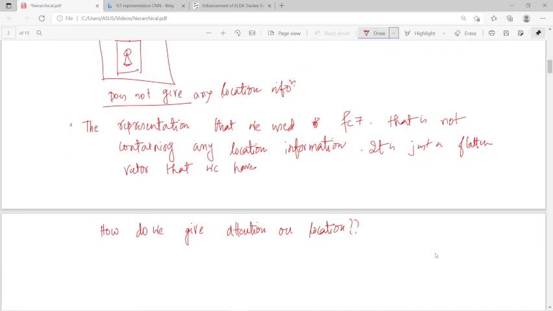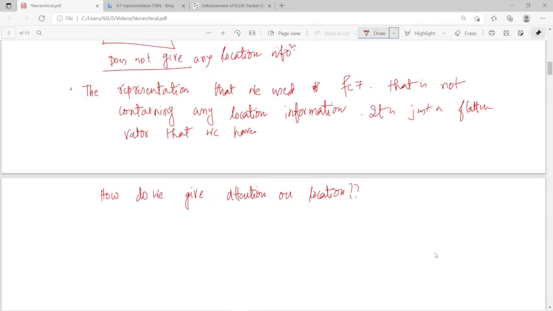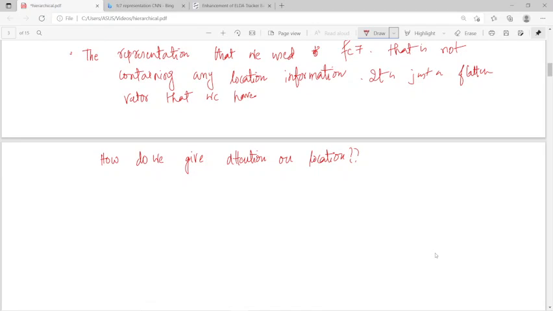And the problem is we are using the FC7 representation, which is a flat vector, a fully connected vector, and does not have any location based information. Fully connected means it corresponds to everything in the image. So why don't we have any location?